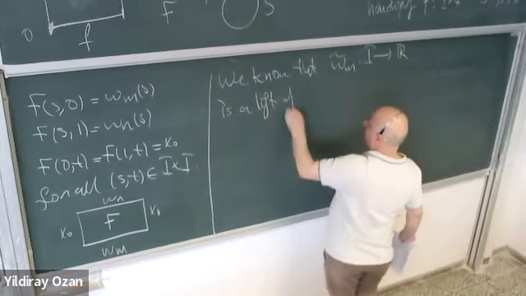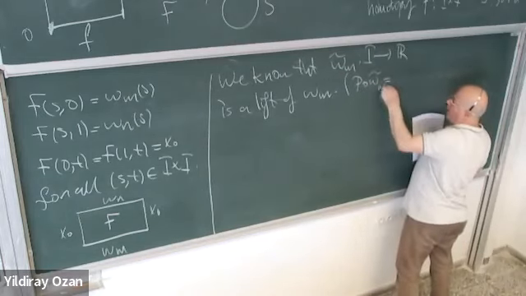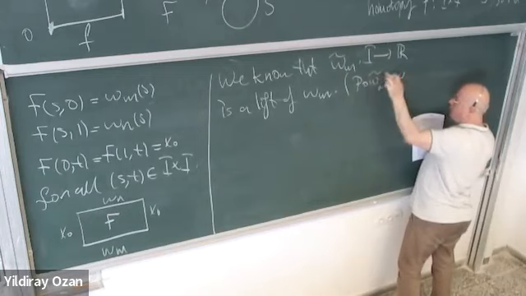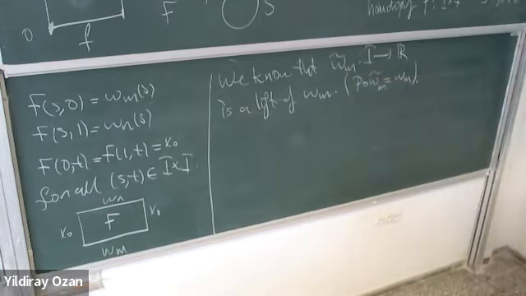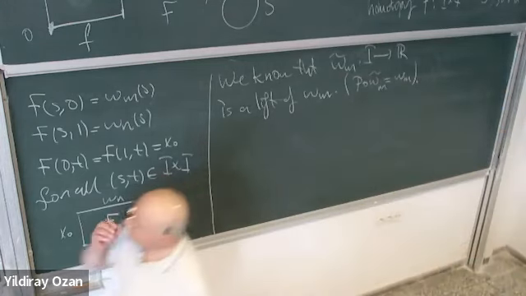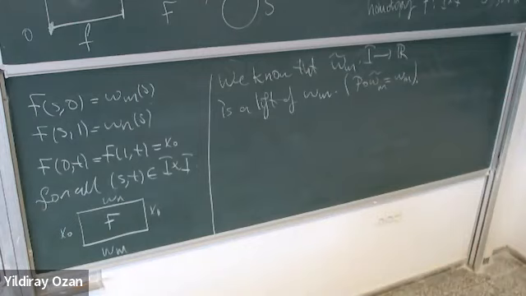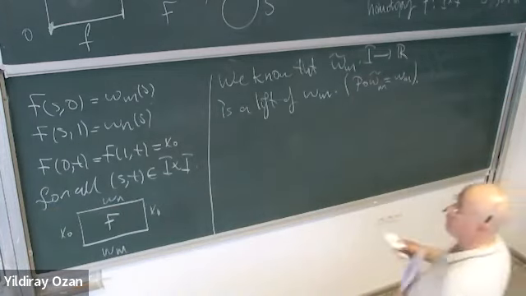In other words, this satisfies the following. P composition Wm tilde is just Wm, right? We know this. But then this fact B tells us what?